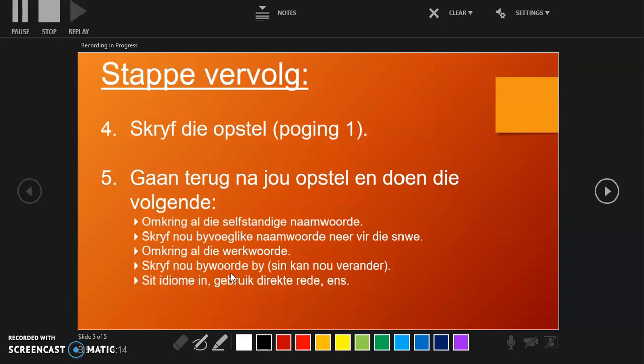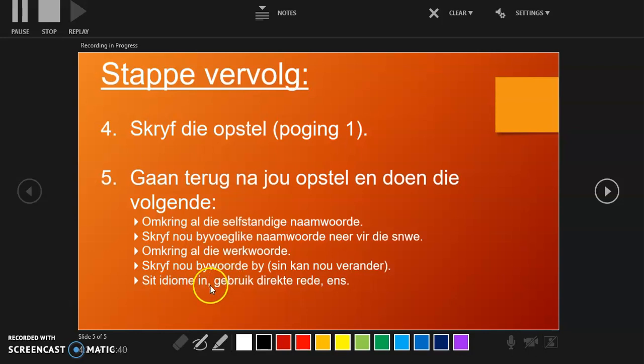Nou kan jy byvoorbeeld skryf, die groot vliegtuig vlieg hoog in die lug. Now you describe the verb. Die woord hoog beskryf nou die woord vlieg. So now you can add an adverb to your verb. Then it makes your sentence even stronger and much better.